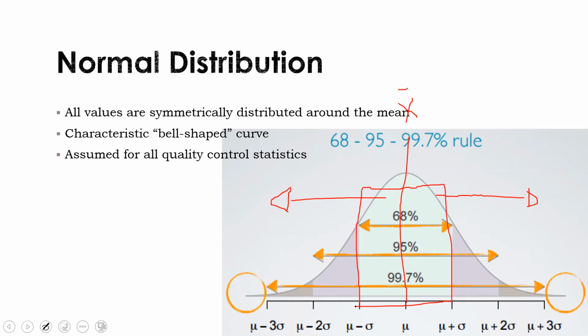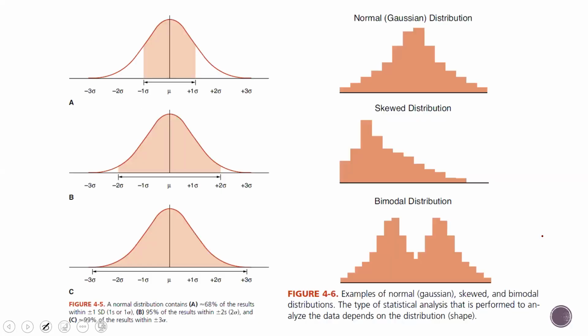And tapos 95% ng values mo belongs to 2 SD and yung remaining na ito, yung remaining 5% belongs to your 3 SD. So, okay. This will be explained further.